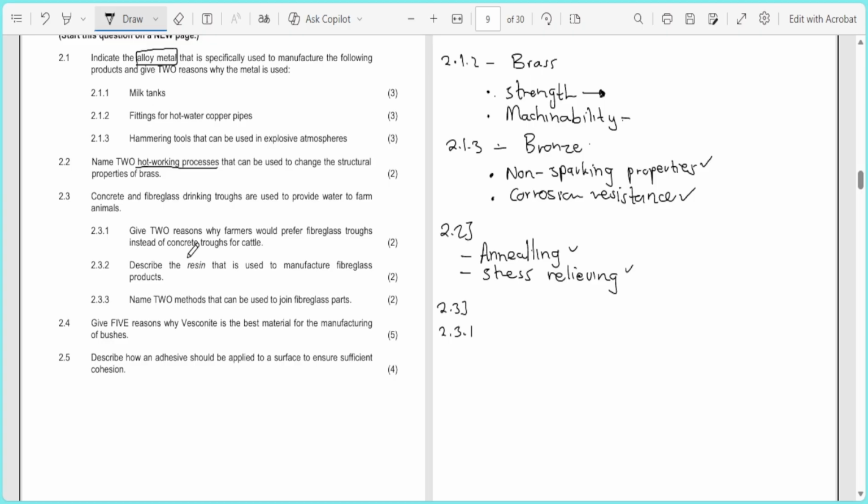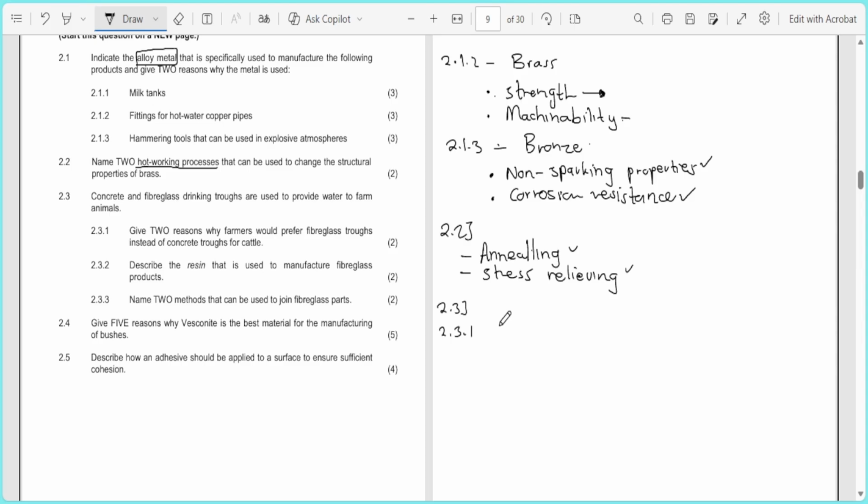Okay, first of all, fiberglass, when compared to concrete, is lightweight, number one. So on a farm, it is preferable to avoid using machinery and use labor instead. Why? First of all, it saves costs.